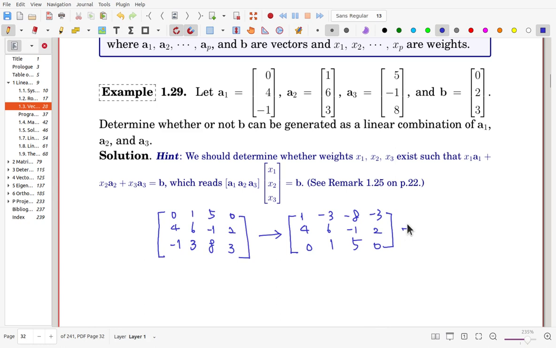Now here, this is a pivot, and we have to eliminate below the pivot. So here we try to eliminate the 4. Okay, 1, -3, -8, -3 is the same. And then 4 times subtraction will make a 0.